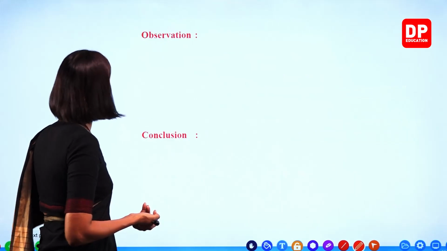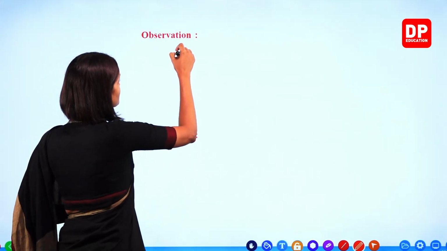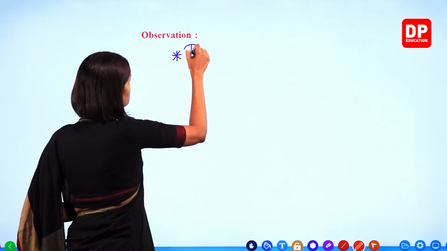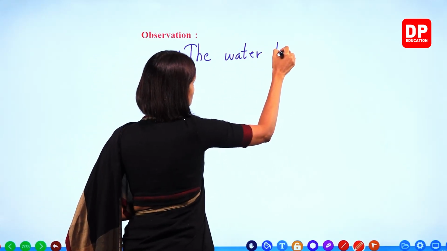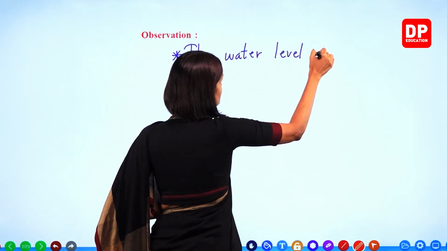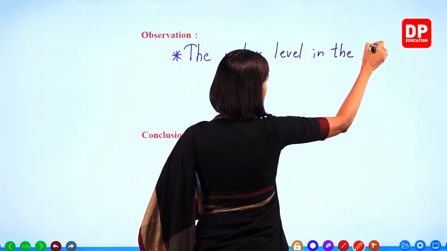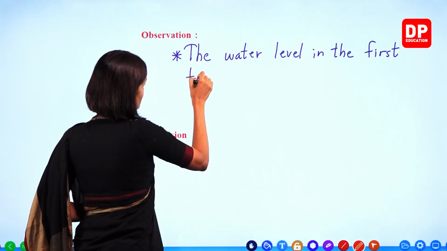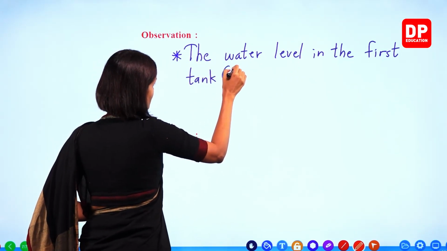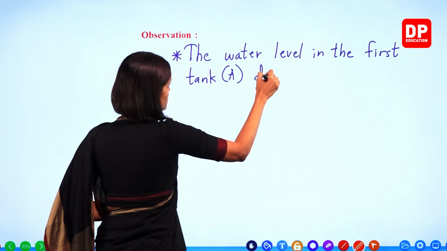We will write the observation. The water level in the first tank, this is tank A, does not change.